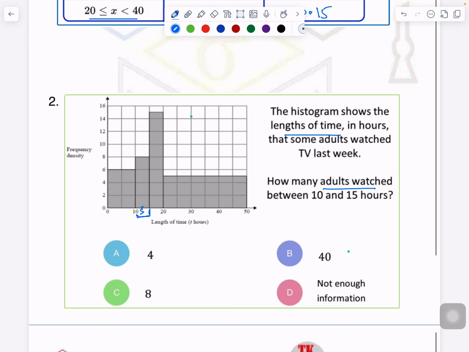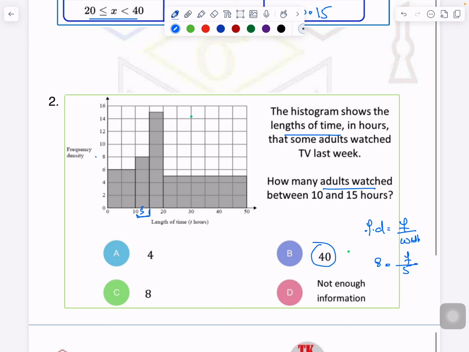And what is the frequency density? 8. What was the formula? Frequency density is equal to frequency over width of the interval. So the interval is 5 units. Frequency we have to find out, and frequency density is 8. So 8 times 5 is 40. So this is your answer, right?